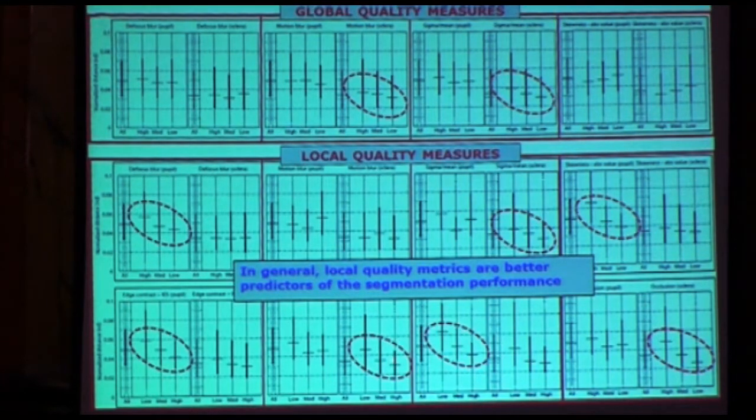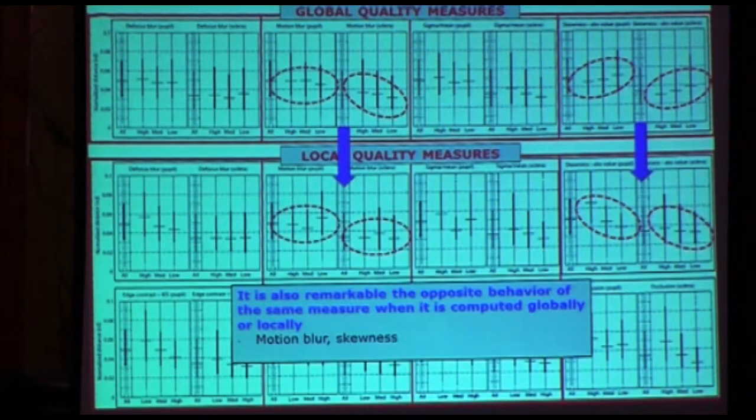For instance, here and here, you can see that this slope is higher than using global measures. It's also remarkable that some measures have opposite behavior when they are computed globally or locally. So here, for instance, the segmentation performance goes that way, and using the same measure but locally, the performance goes the opposite way.